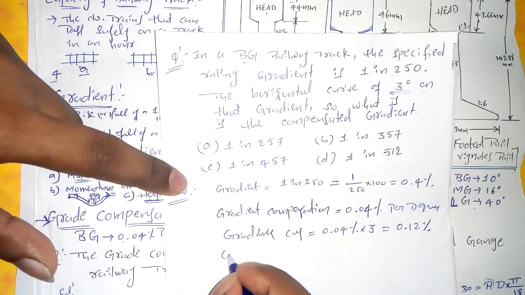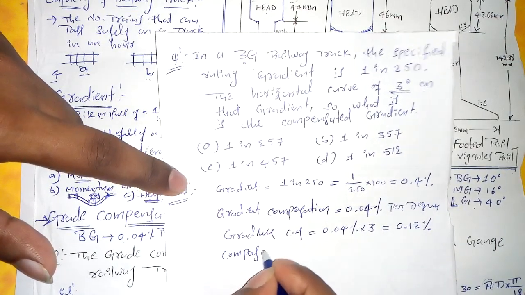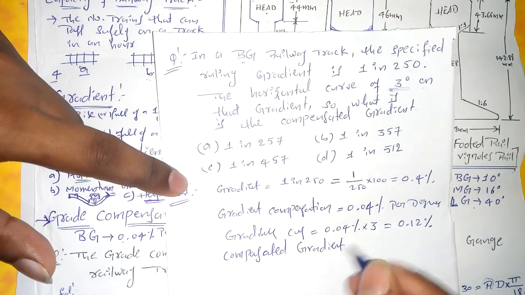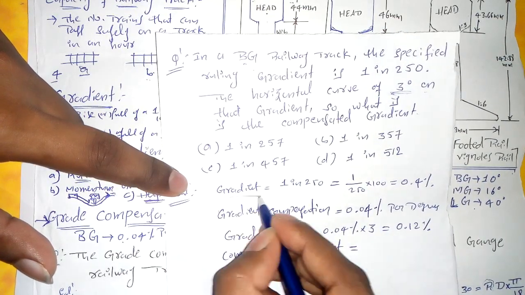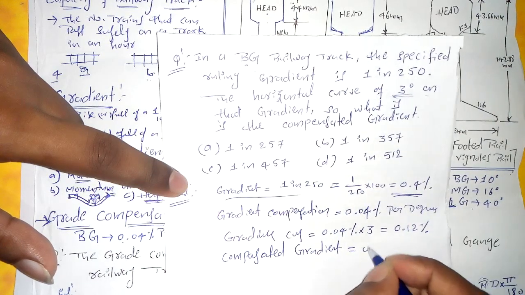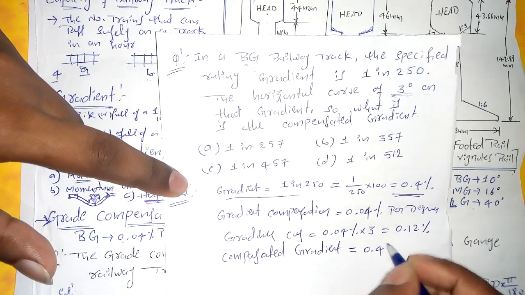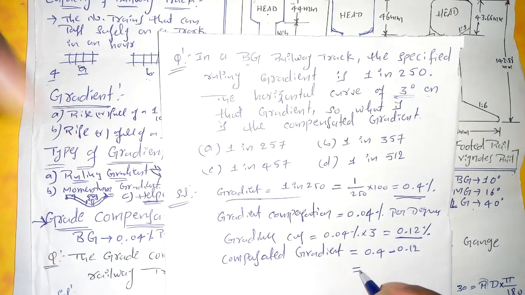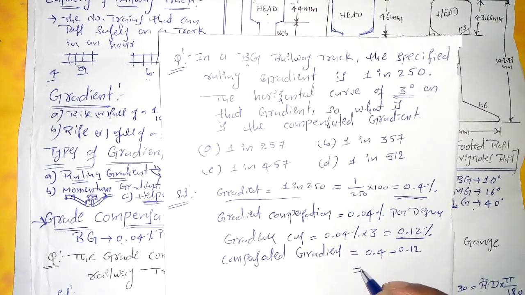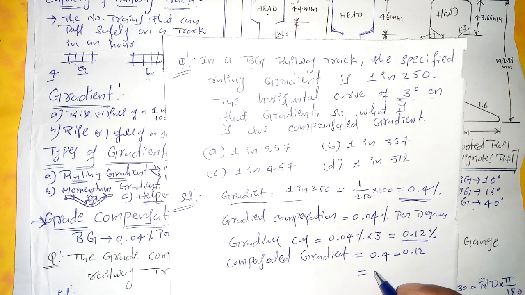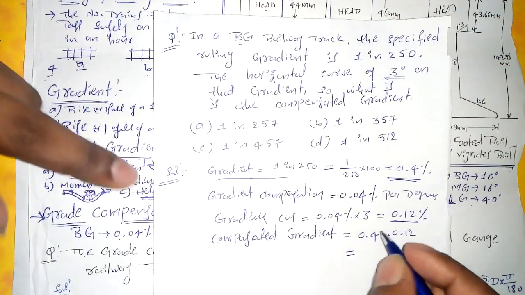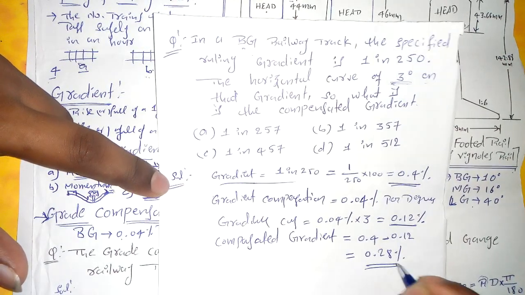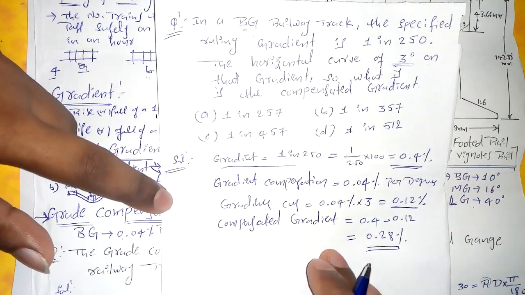So the compensated gradient is equal to the actual gradient, which is 0.4%, minus grade compensation, which is 0.12%, which comes out to be 0.4 minus 0.12 is equal to 0.28%. So this is the compensated gradient in percentage.